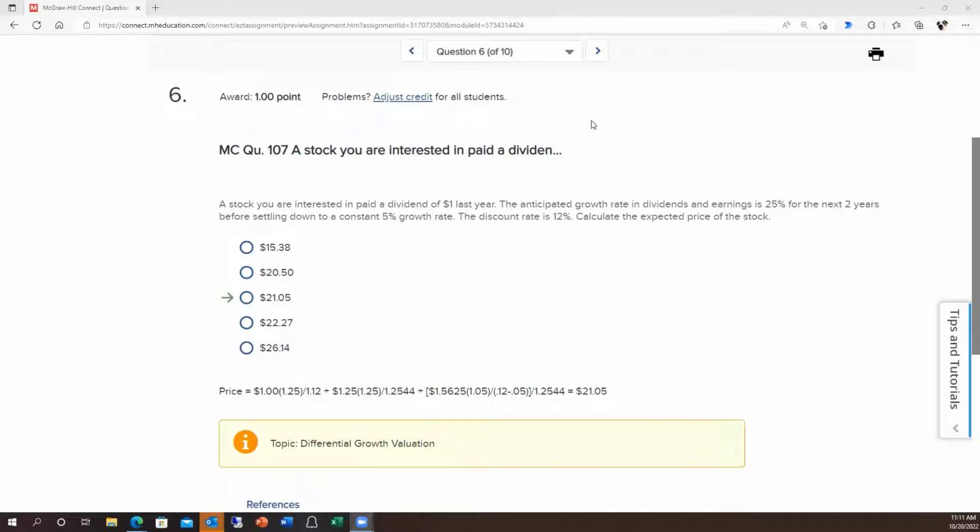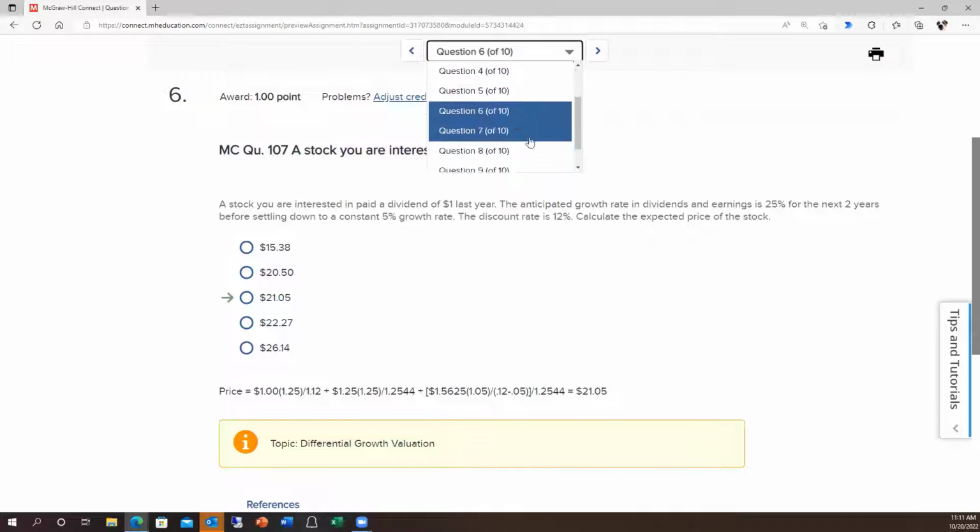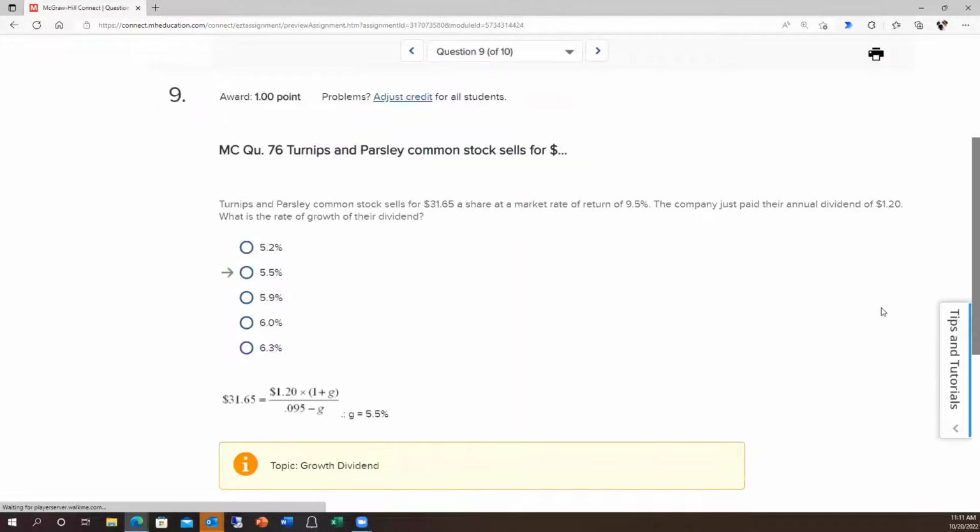Okay, now let's see. We also have a request for number 9. Turnip and parsley common stock sells for $31.65. So P0 equals 31.65 at a market rate of return of 9.5%. So R is equal to 9.5%. The company just paid their annual dividend of $1.20.